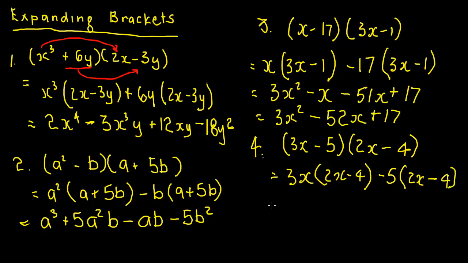Multiplying that out, we get 3 times 2 is 6x squared, 3x times negative 4 is negative 12x, minus 5 times 2x is minus 10x. Negative 5 times negative 4 is plus 20.